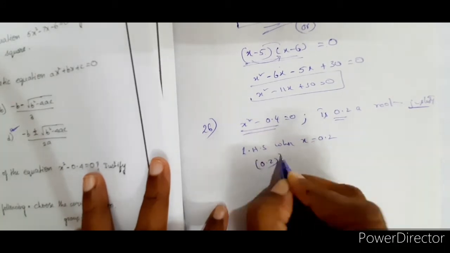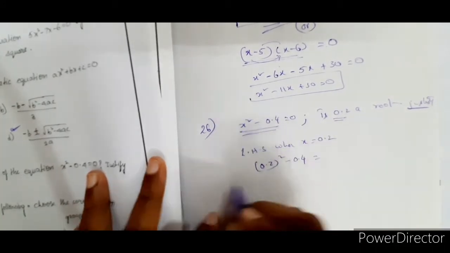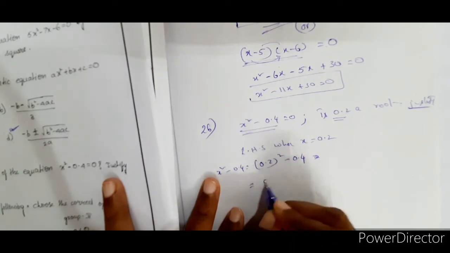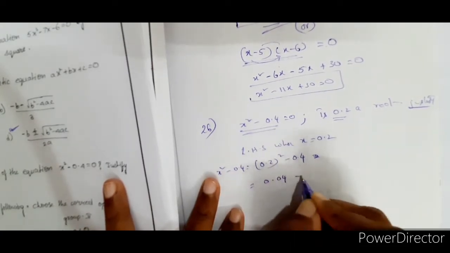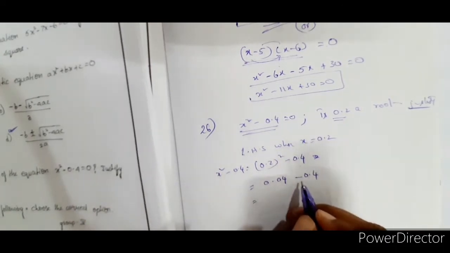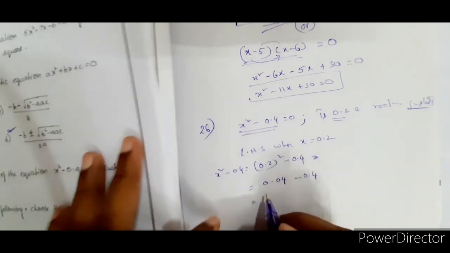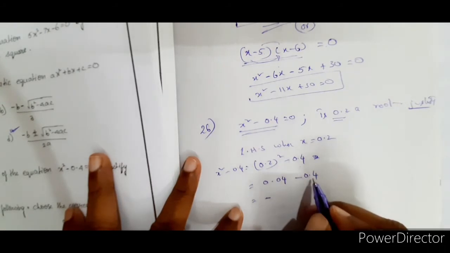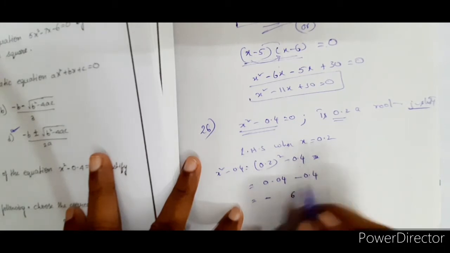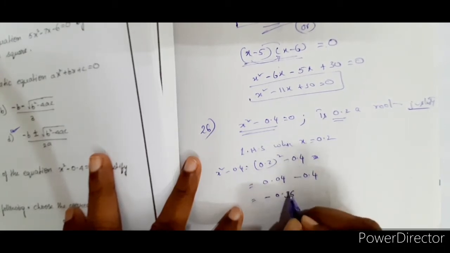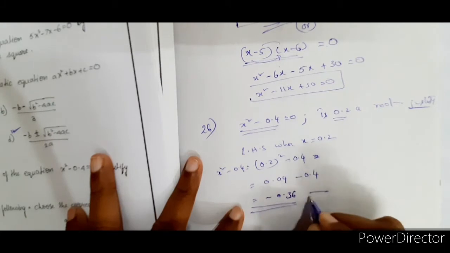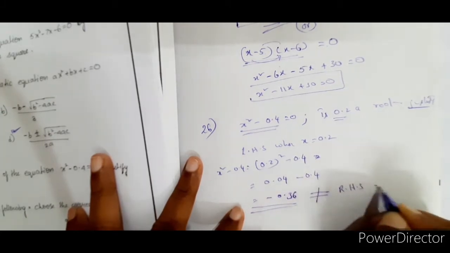So 0.2 whole square minus 0.4, that is x square minus 0.4. 0.2 whole square is 0.04, minus 0.4, that is going to be minus 0.36.